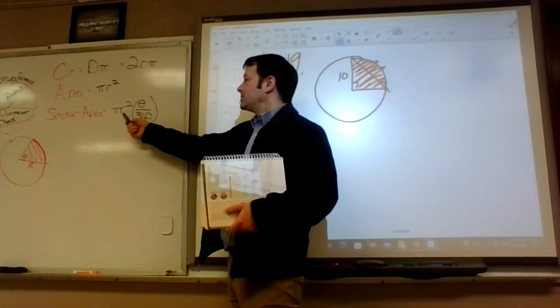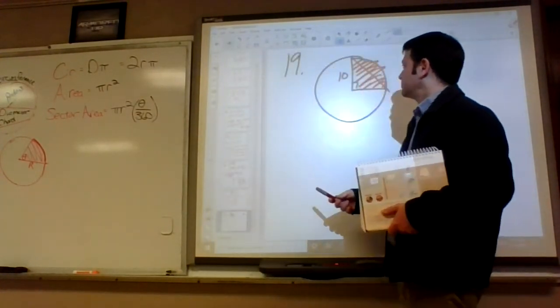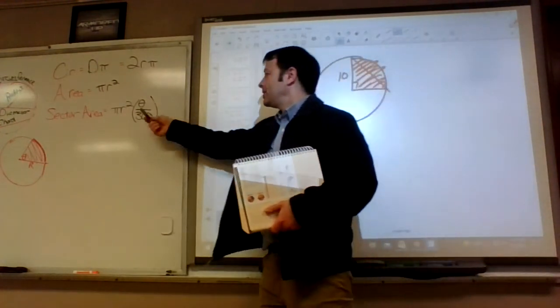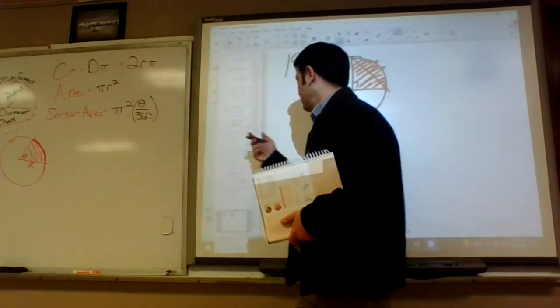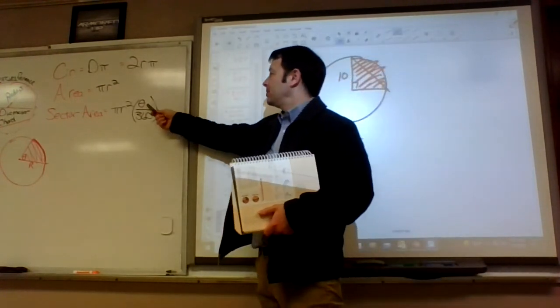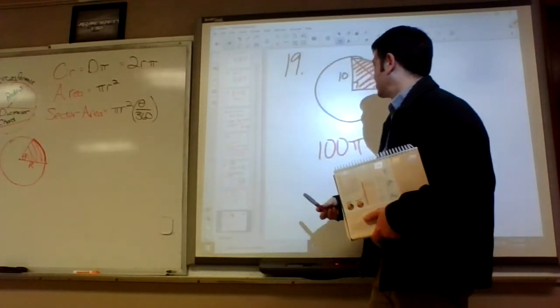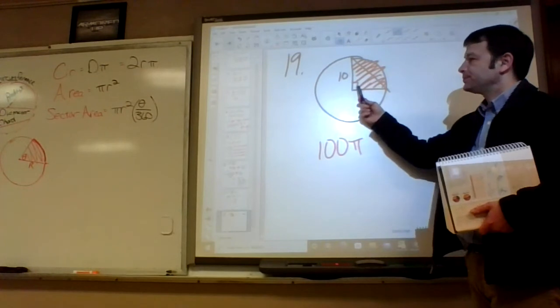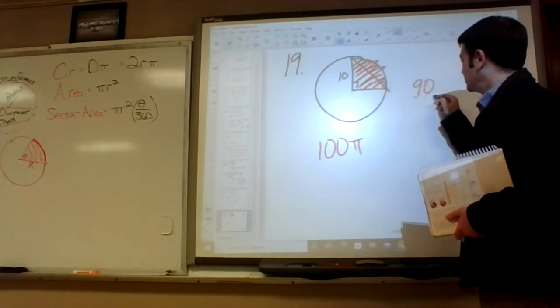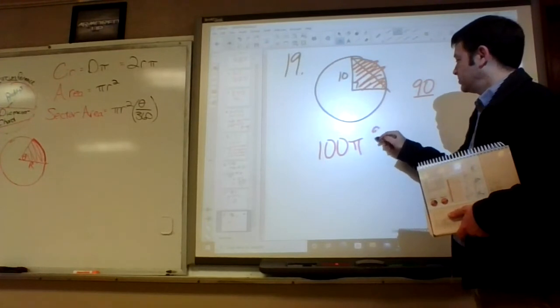What's the radius for number 19? 10. So I'm going to do 10 squared times pi. What's 10 squared? 100. So I'll just call it 100 pi. And theta, what's the central angle on this one? 90. You guys know what 90 over 360 reduces to? 1/4.